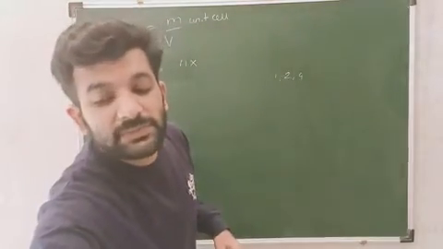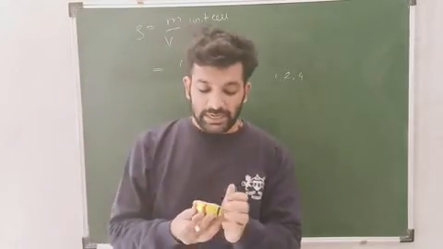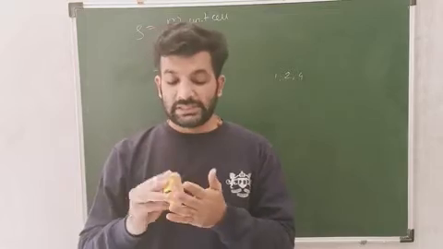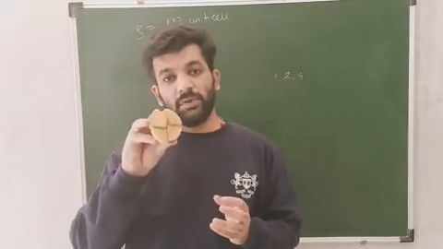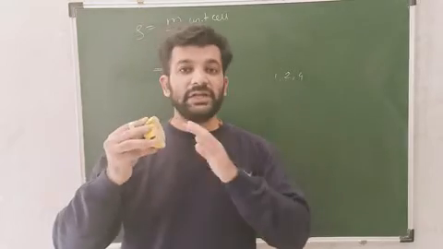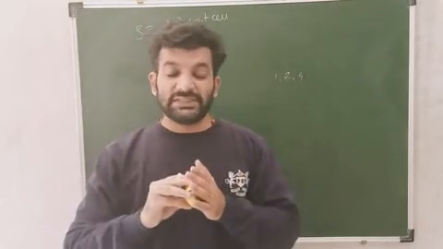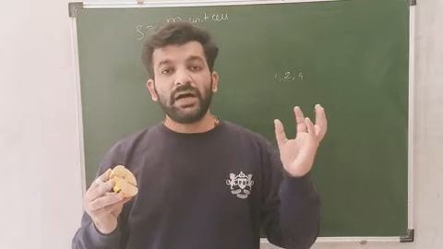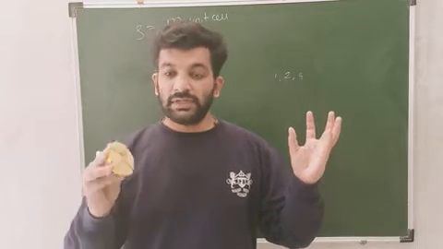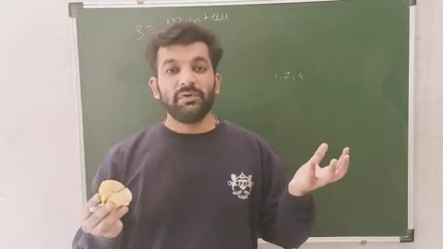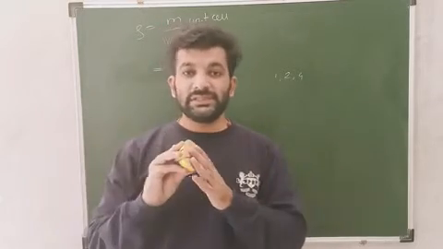Here I am having a sponge. Let us say the atom is made up of sponge. Next, if I have a ball made up of iron, of the same radius, then the weight of that iron ball will be more than this sponge ball.